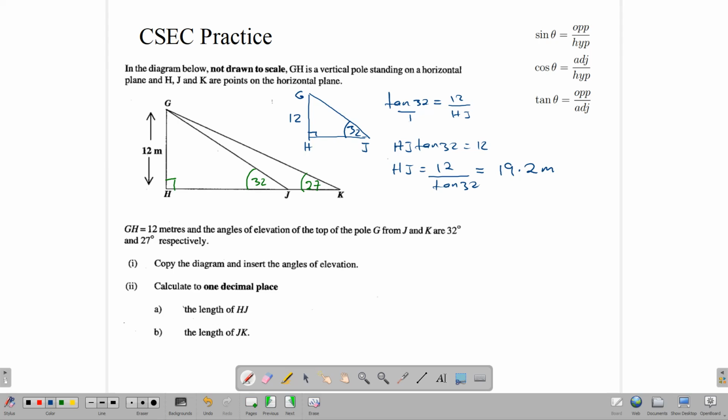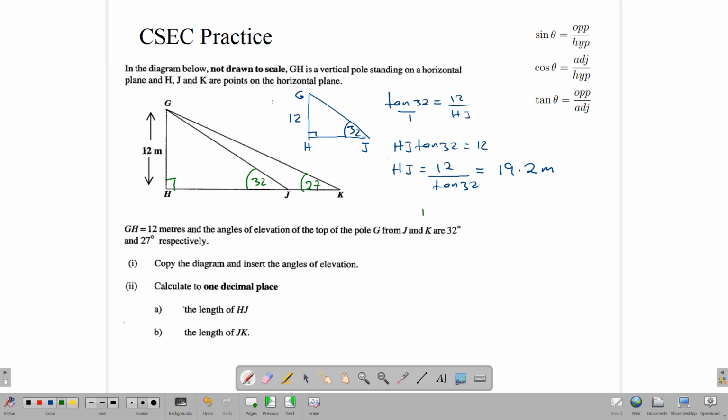And that's that one. Then we need to find JK now, and JK is this piece right here. So to find JK, what we can do is to find this entire length here. We can say HK, let's just write that out.